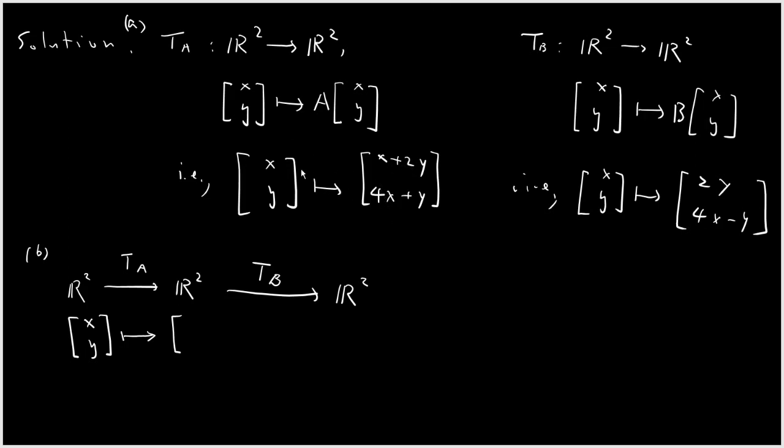You just copy from here. Each vector xy in R2 is mapped under T sub A to x plus 2y, and then 4x plus y.